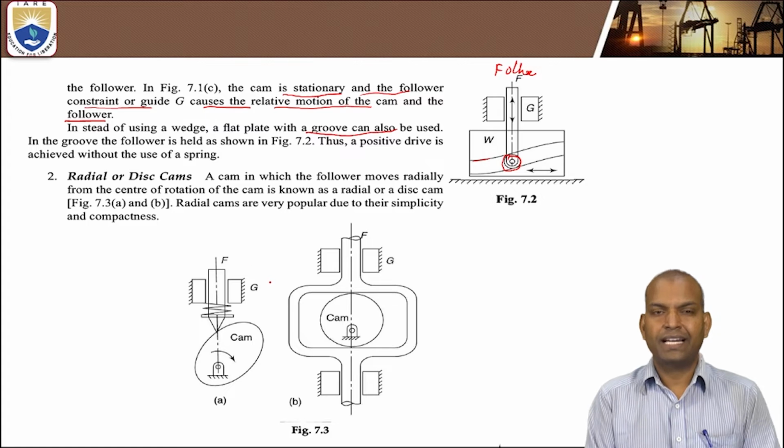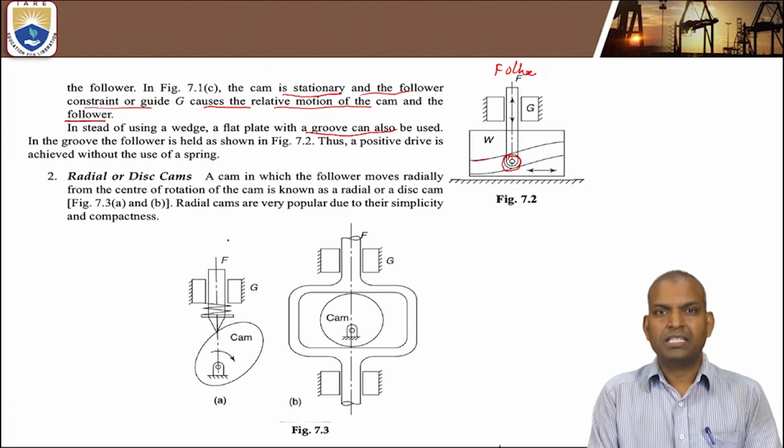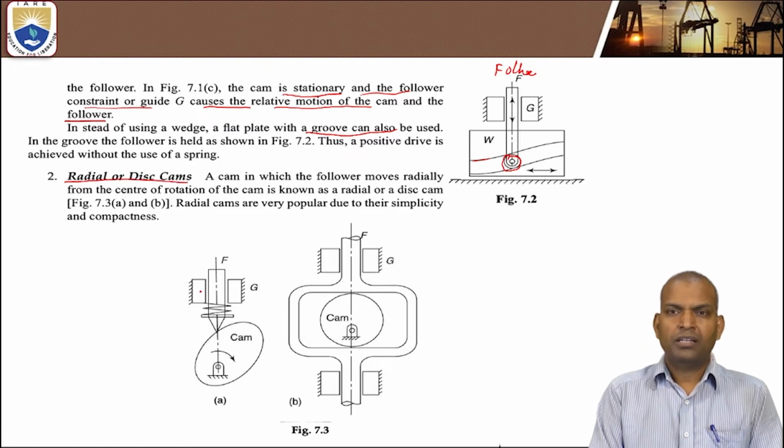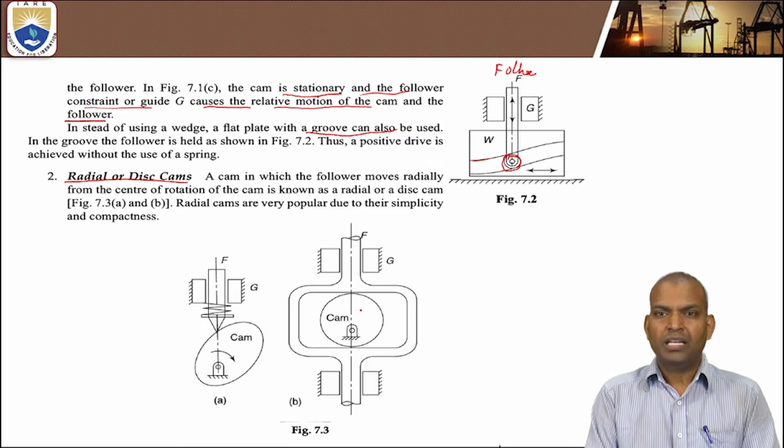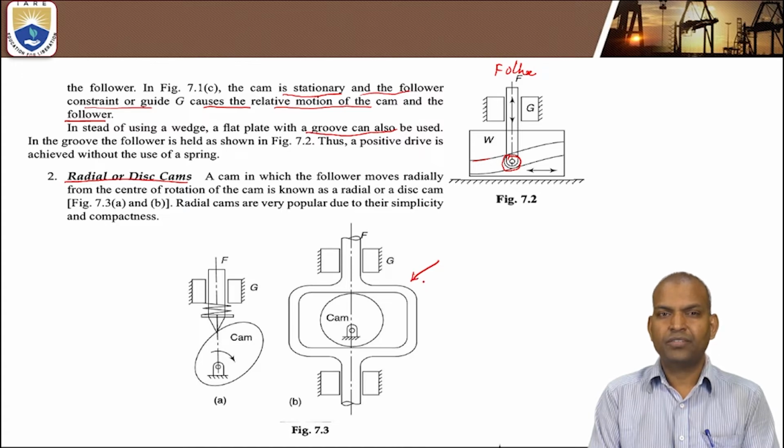Now, the second category of the cams: radial or disc cams. Very important. Radial or disc cams. This figure B, in the classification of kinematic pairs based on nature of mechanical constraint, comes under the category of closed pair.